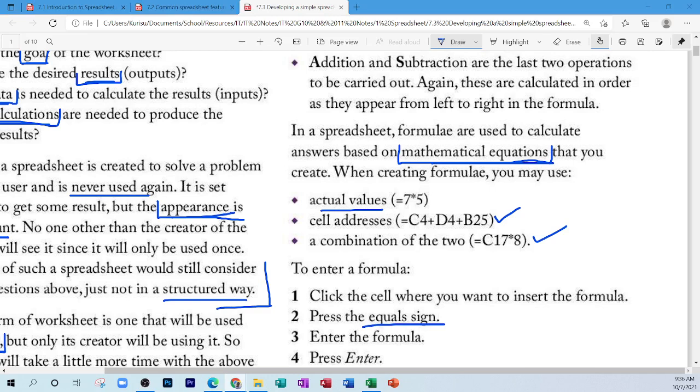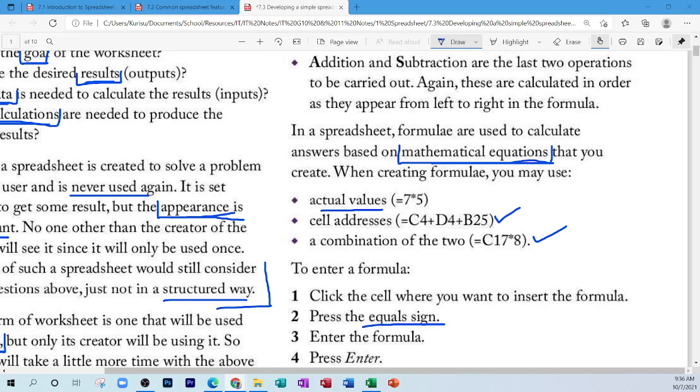Anybody remembers why? There's a main reason why cell addresses are more effective. They allow us to do what? It's two words.